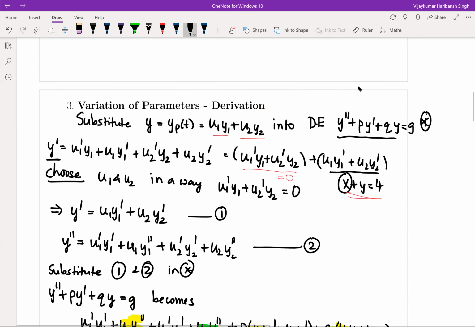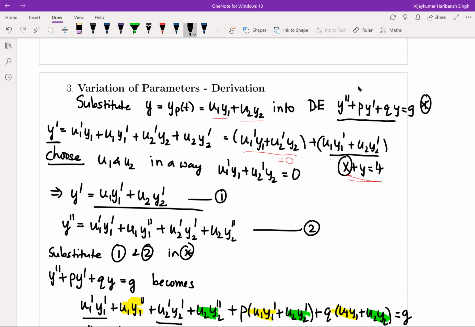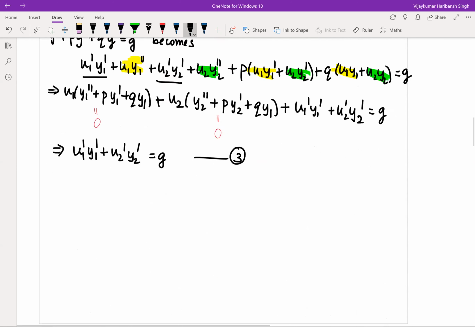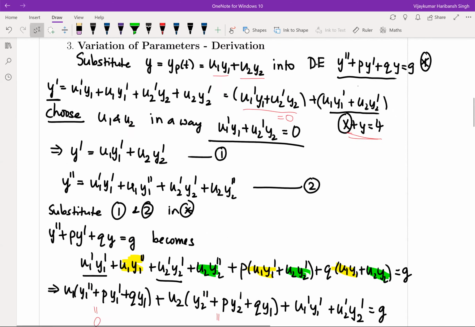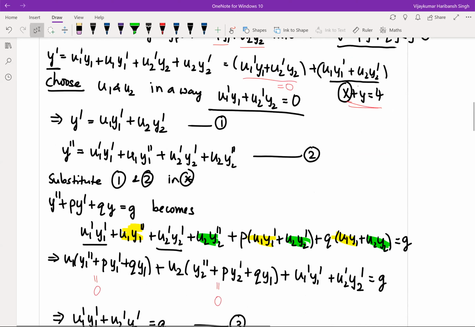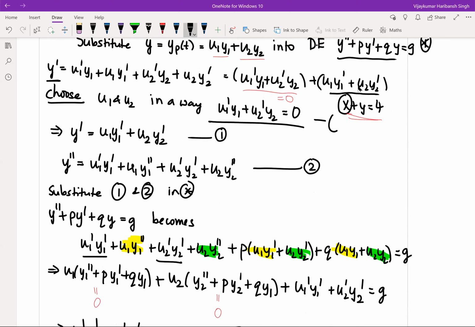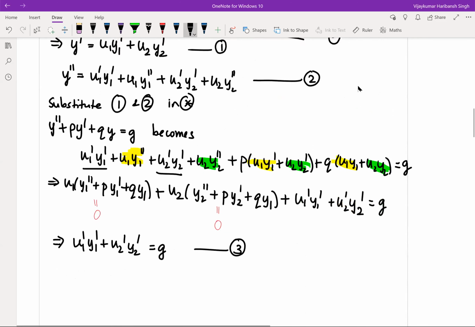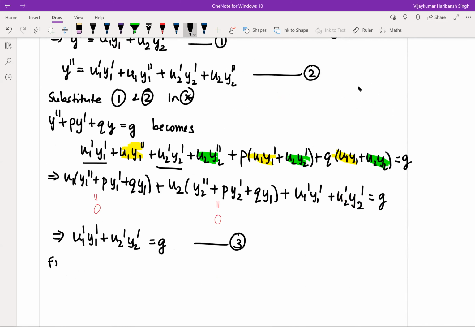And if you write down equation 1, sorry, not equation 1, let's call this equation 0. So from 0 and 3, we get what?